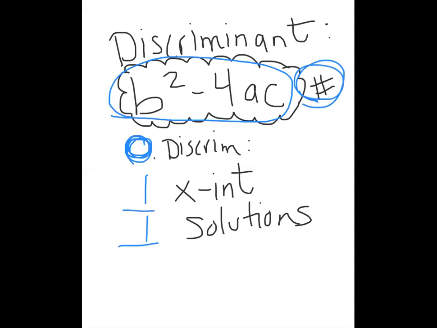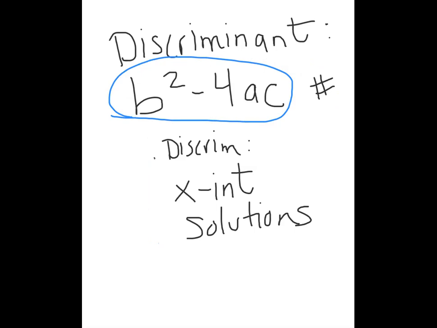And then the last instance, like you saw in number 3, was when that number underneath the radical was actually a negative. And if that number is a negative, well, as you saw, you cannot square root a negative number and get an answer, not a real answer anyways. And so as far as the algebra is concerned, there are no solutions to that. And if that feels alarming, well, you saw in the graph, it's actually totally possible.